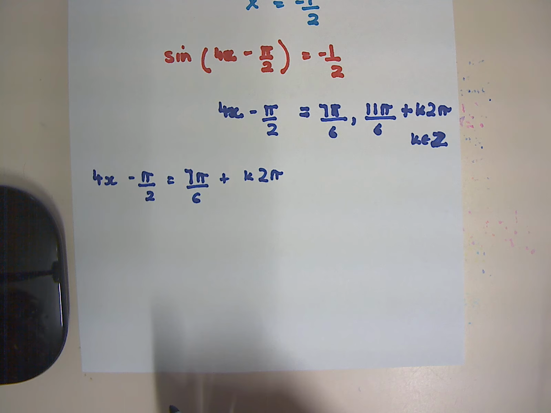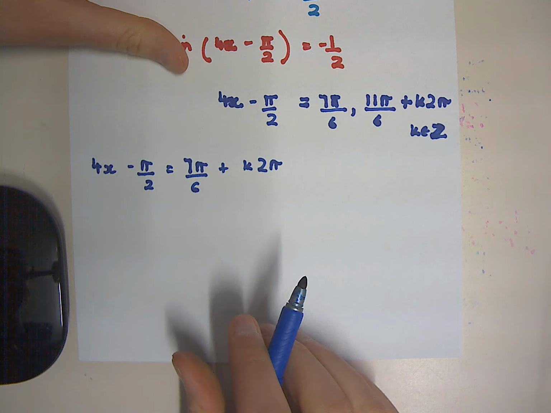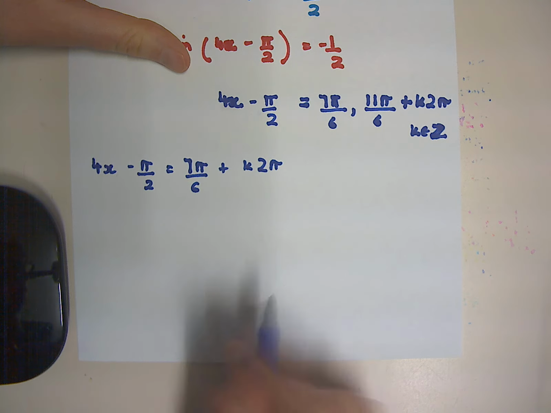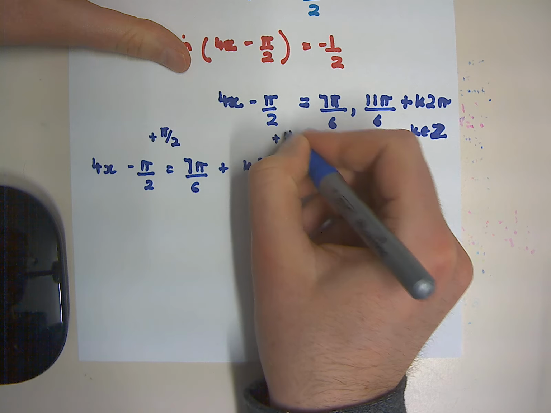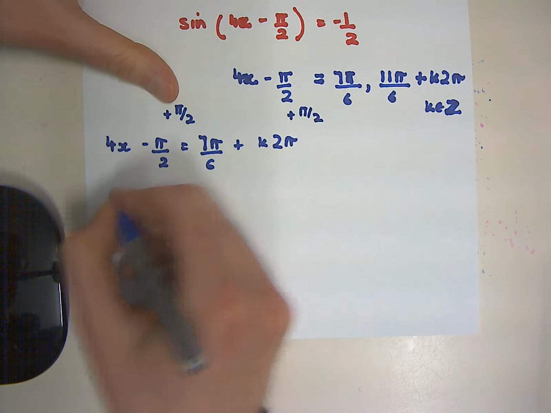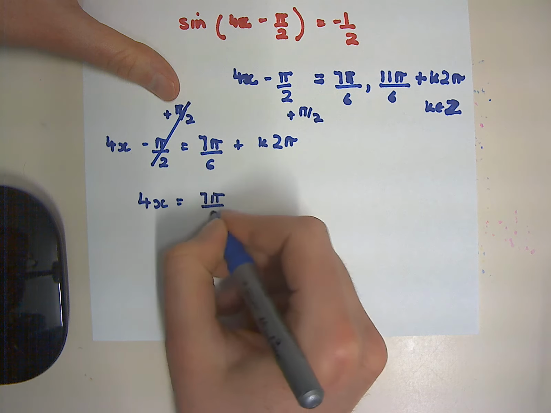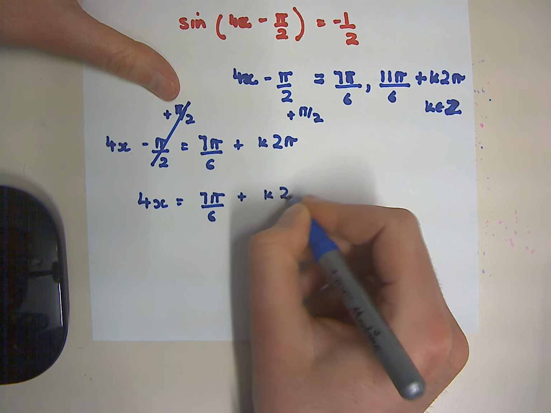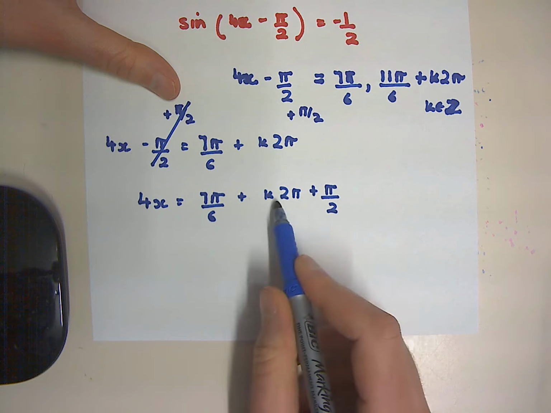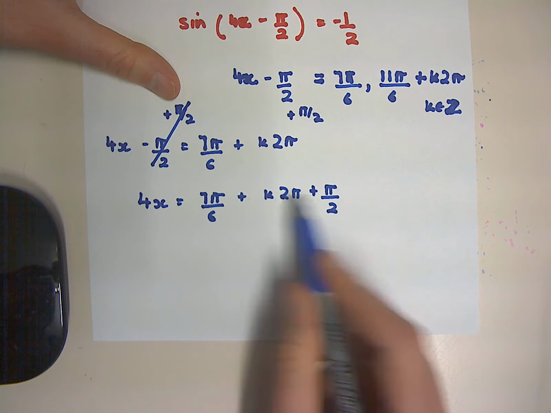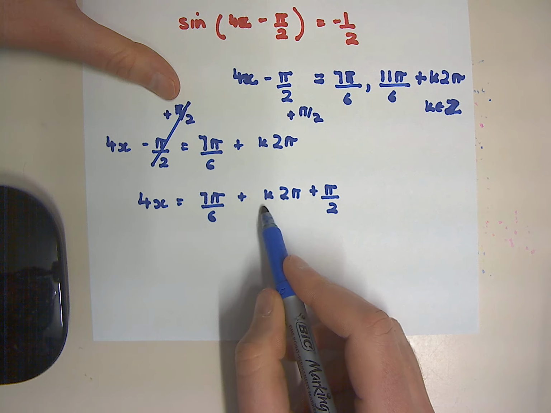Now, as I said before, all standard algebra rules apply. So to get x on its own, the first thing we've got to do is add pi on 2 to both sides. That cancels out there, so we get 4x equals 7 pi on 6 plus k2 pi plus pi on 2. Now I can't add k2 pi and pi on 2 because they're not like terms. Here I've got this variable type thing of k.